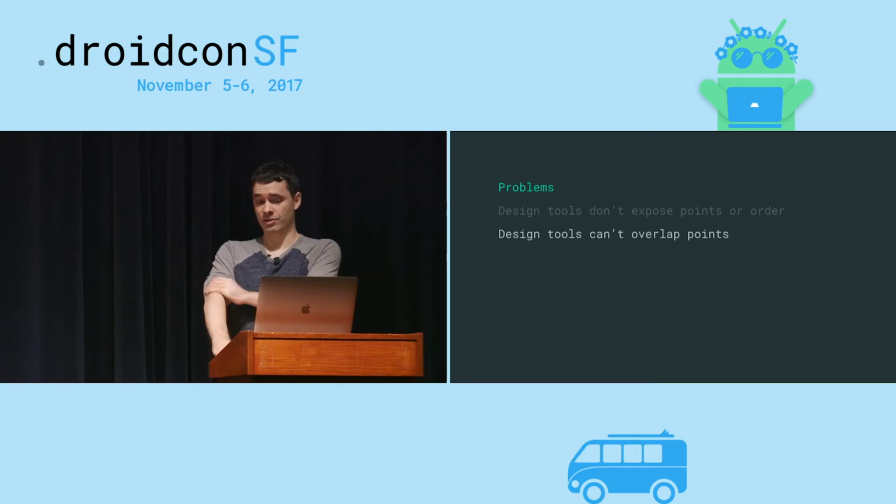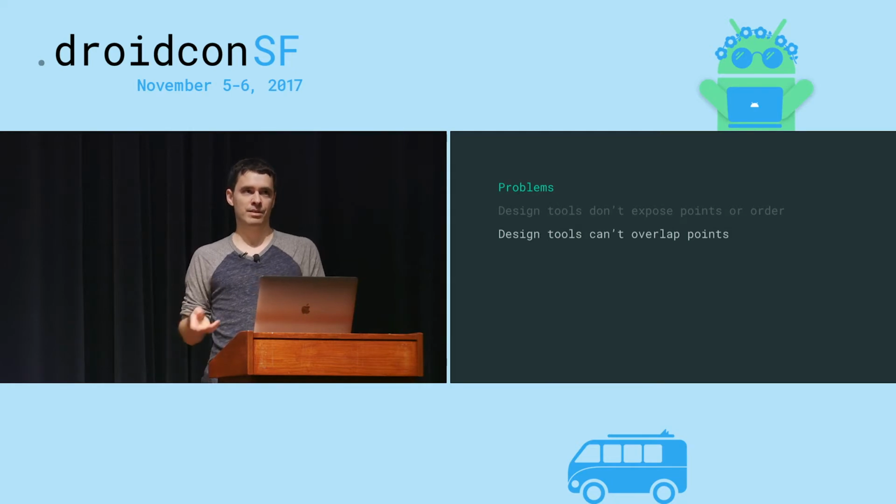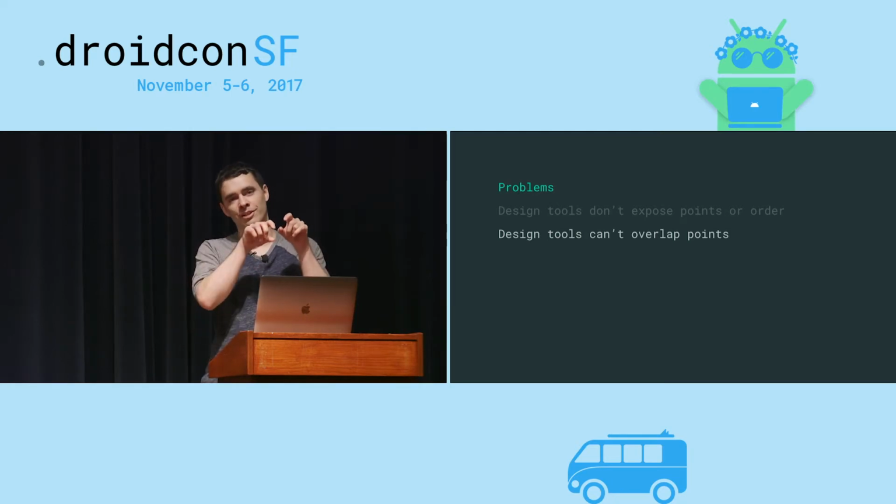It's also really difficult to overlap points on top of each other, which is common when you're creating path morphing animations. If you wanted to add dummy points on top of some other point in a shape, Sketch won't let you do that. You'll get something really, really close, but not exactly on top of it.